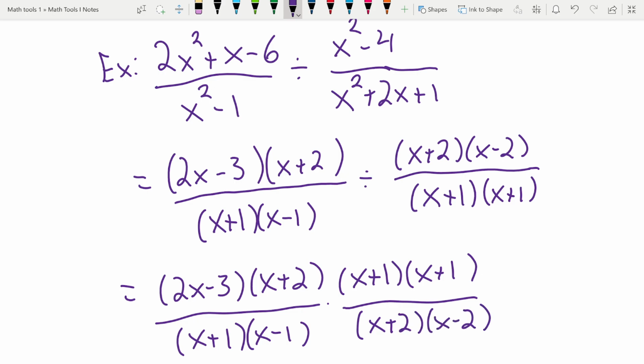Okay. So we just changed to multiplication and we flipped the second one. So go ahead and cancel the common factors here. We have an x plus 2 in common. We have an x plus 1 in common. That looks like everything.